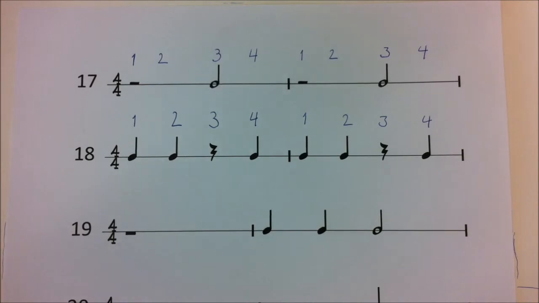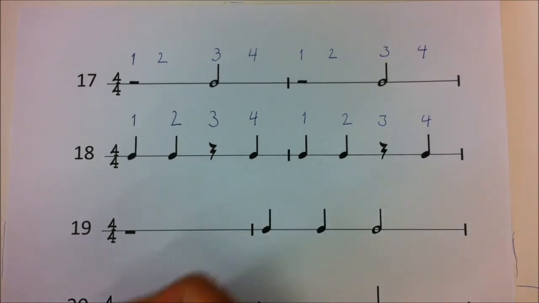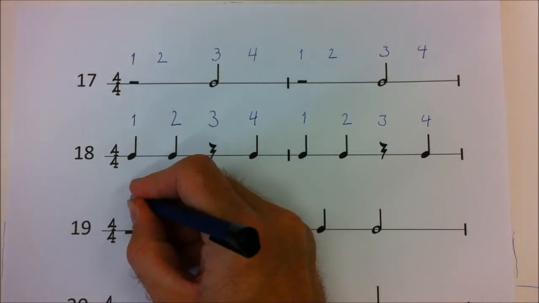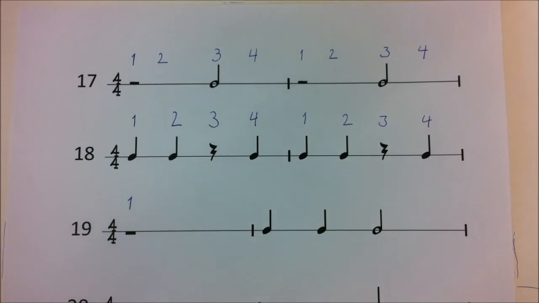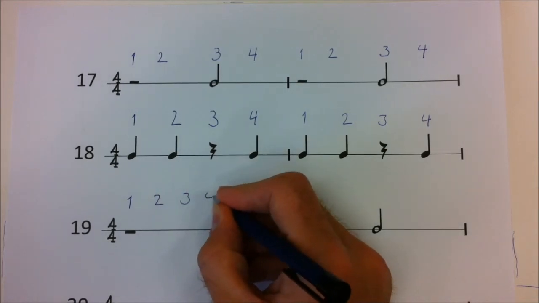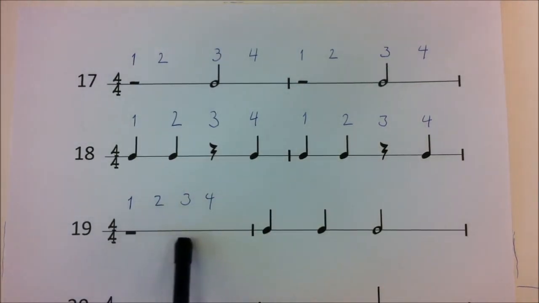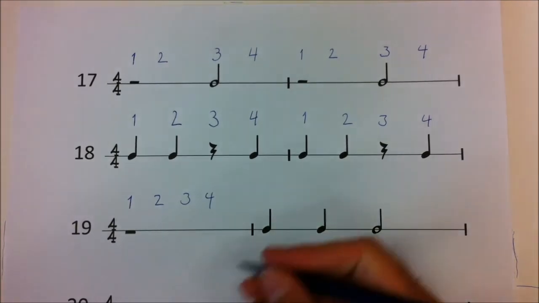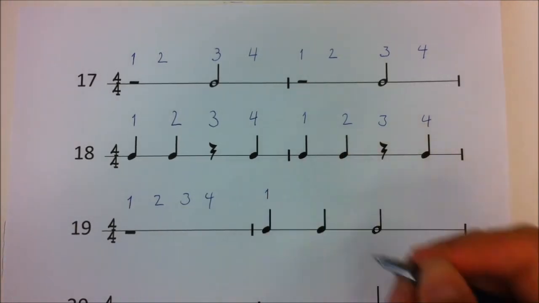Moving on to rhythm number 19, which includes the whole rest, and we got it right here, the first thing in the bar, and it's always on beat number 1. And the whole rest is of course of the same length as the whole note, so it lasts for the 4 beats. It covers the whole bar. 1, 2, 3, 4. All the beats are covered by that one. And then we move on. First thing in the bar is always on beat number 1.